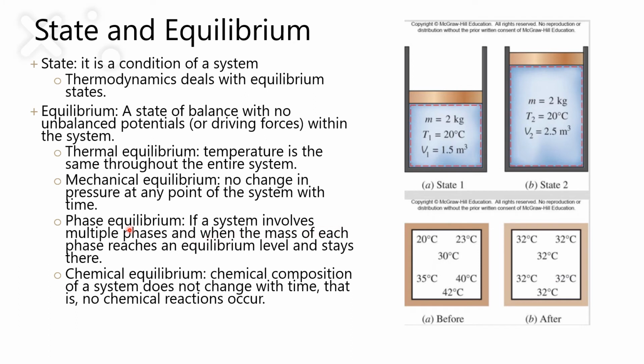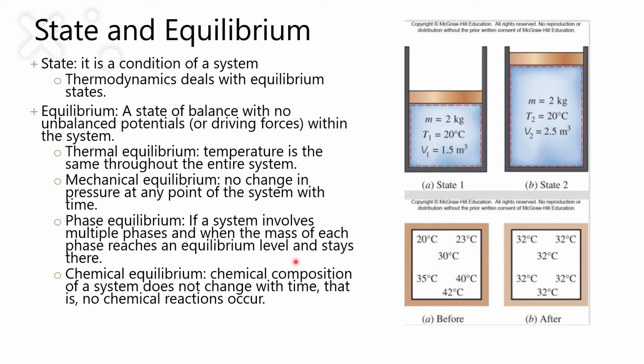While mechanical equilibrium is related to pressure, and a system is in mechanical equilibrium if there is no change in pressure at any point of the system with time. However, the pressure may vary within the system with elevation as a result of gravitational effects.